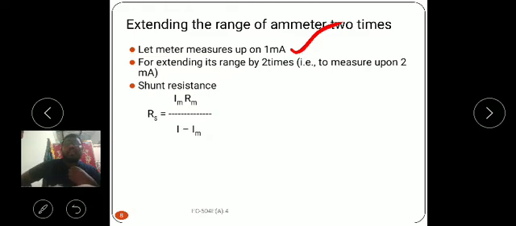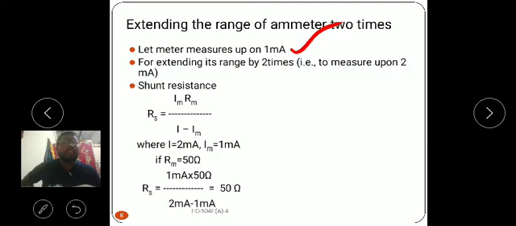What should I do? I already derived the formula: RS is equal to IM into RM divided by I minus IM.